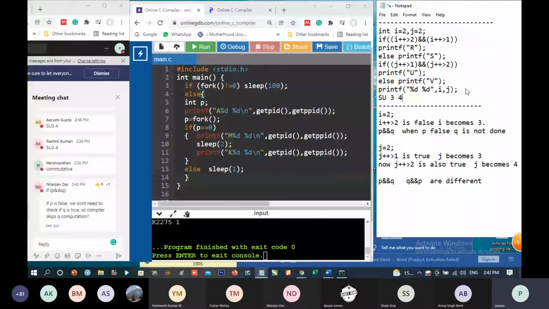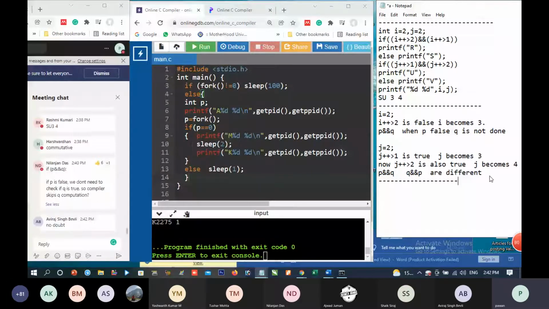Any doubt till now? No doubt. Now we come to this. 0 is false and non-zero is true.